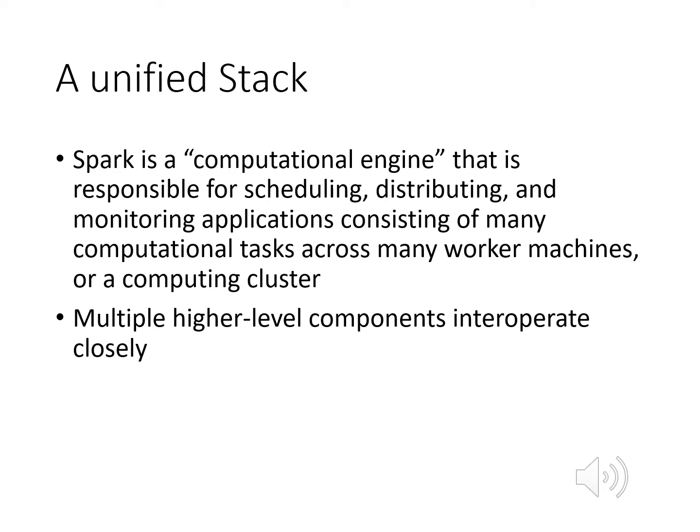First of all, the libraries and the high-level components in the stack benefit from improvements at lower layers. So if there is additional optimization in Spark's core engine, then all the libraries will automatically speed up.